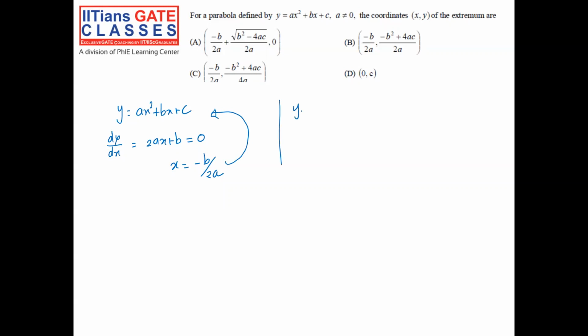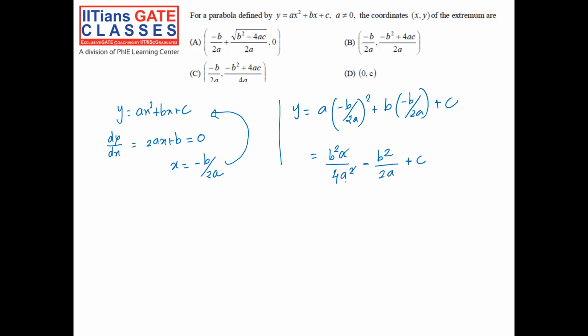So how will we calculate y? y is equal to a into (minus b by 2a) whole square plus b into (minus b by 2a) plus c. And if you proceed further, it is a b square divided by 4a square minus b square divided by 2a plus c.